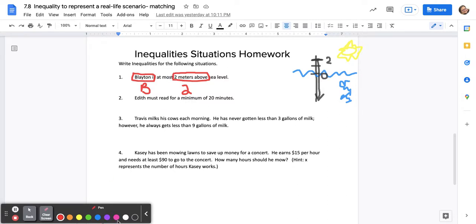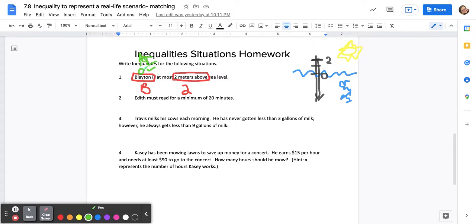If we look at a number, let's say 0, 0 would work. He could be right at sea level. If we look at 1 meter, 1 meter would work. If we look at 10 meters, 10 meters would not work because that's way up above the 2 meters.